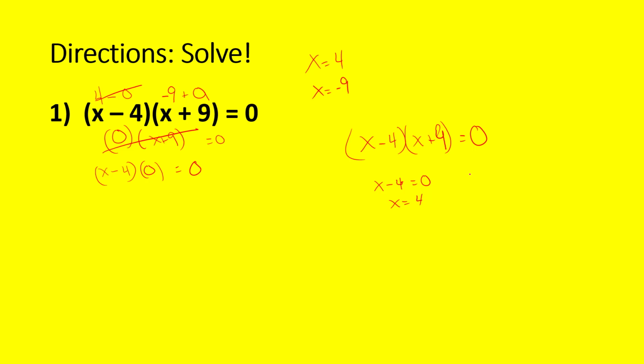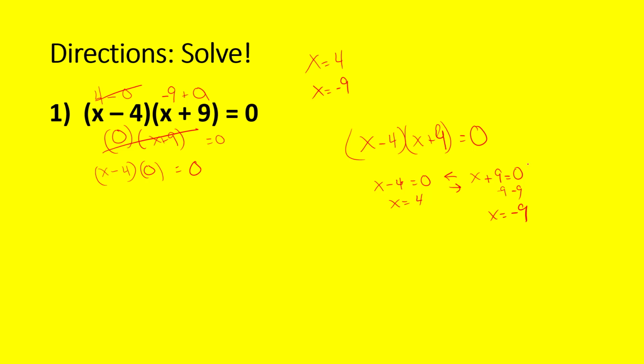Then we'll do a little bit of work for the other solution. x plus 9 is equal to 0. We'll subtract 9 from both sides, and x is equal to negative 9. Now you'll notice on one side I showed the work subtracting 9. On the other side I did not show the work adding 4 to both sides.